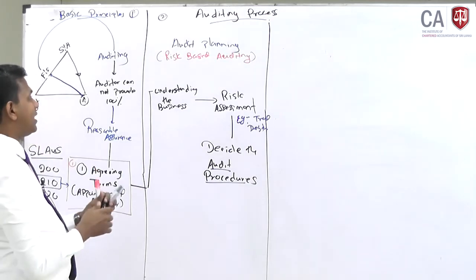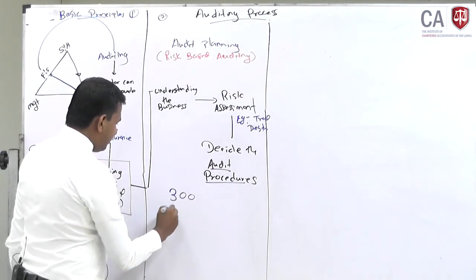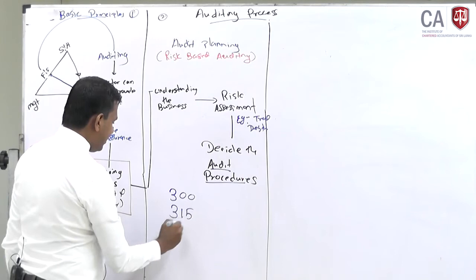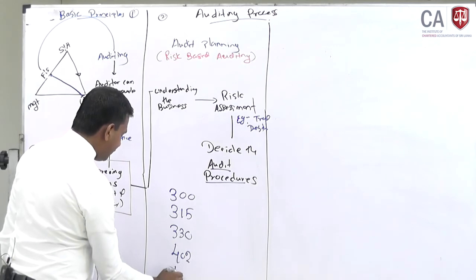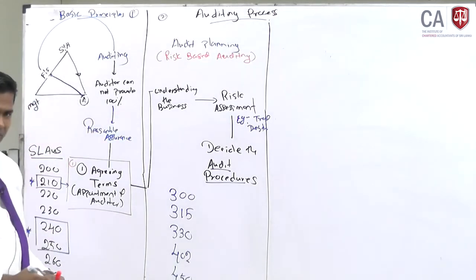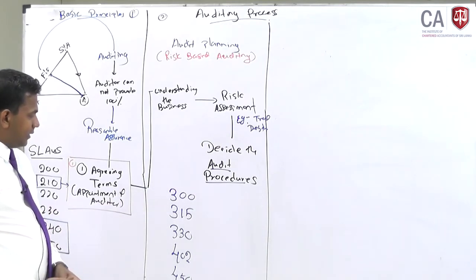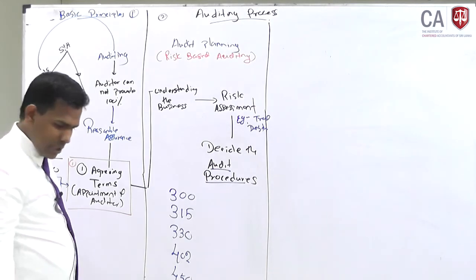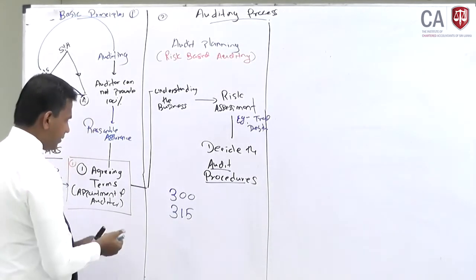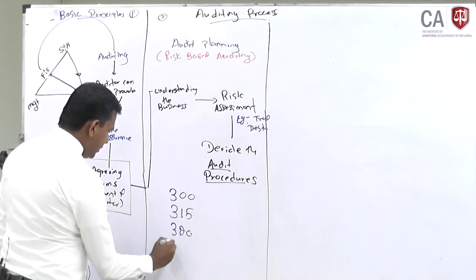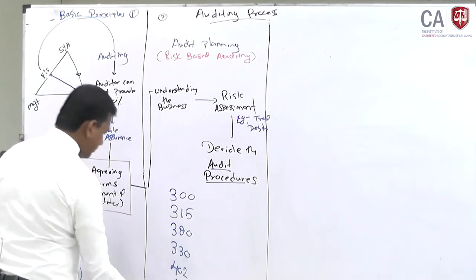So these are the auditing standards applicable on this section: 300, 315, 320, 330, 402 and 450.